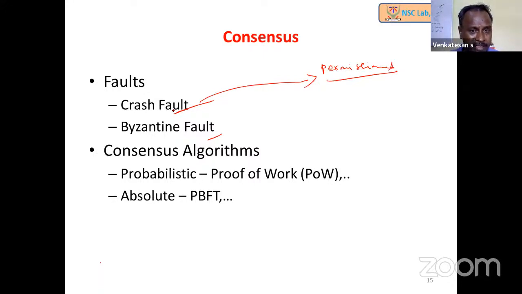Now, considering this, we have consensus protocols of two types: one is probabilistic and another one is absolute, or I can say instead of absolute, finality. In the case of probabilistic, if I decided something, there is no guarantee that it will be accepted by all.